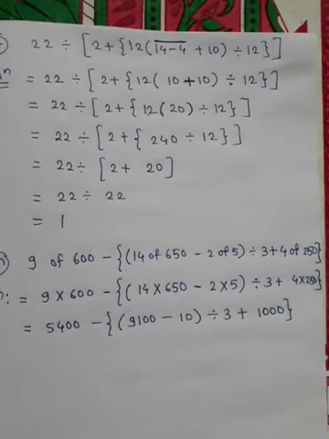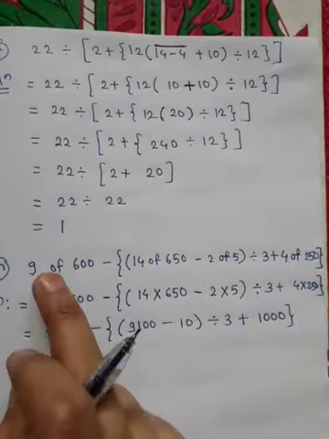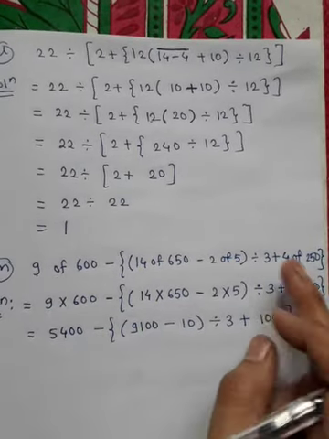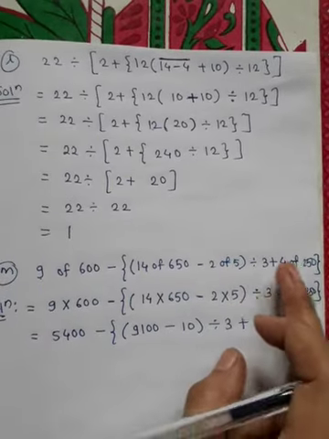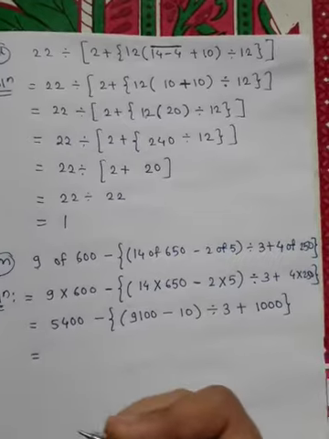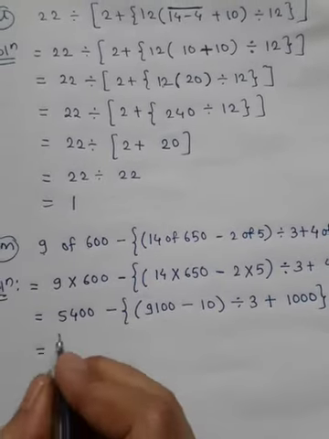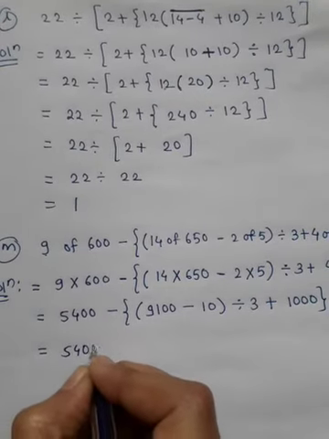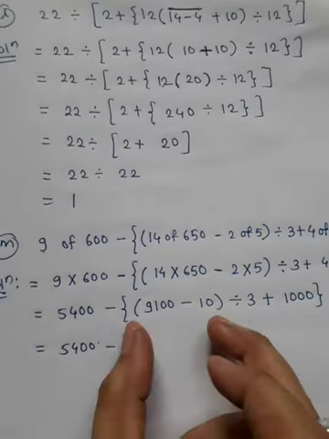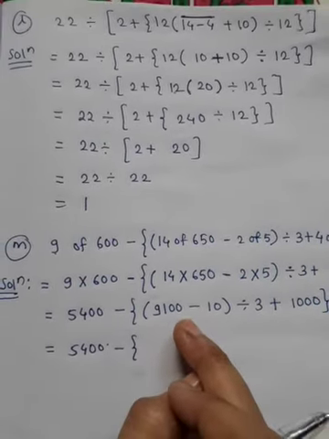Okay, so what we have to do first is the of. Okay, calculate, we do first the calculations of of, meaning multiplication. So we do the 1, 2, 3, 4 multiplications first and write remaining terms as it is. Now we can do the calculations. First solve this round bracket, so write 5400 as it is, minus curly bracket. In this round bracket there is subtraction.